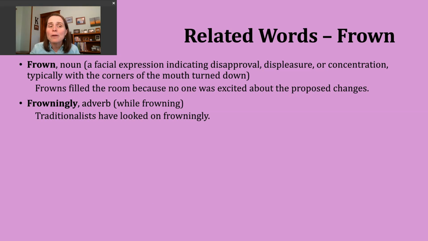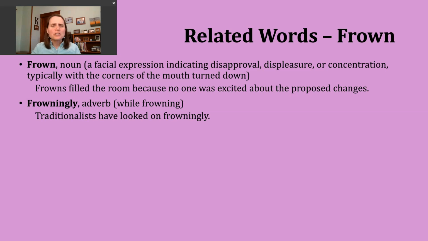It's the adverb frowningly. That ly is usually signaling that we have an adverb. So we're describing either an action or we're describing another adjective to note that something is occurring while frowning, right? An example of this might be, traditionalists have looked on frowningly. Right?